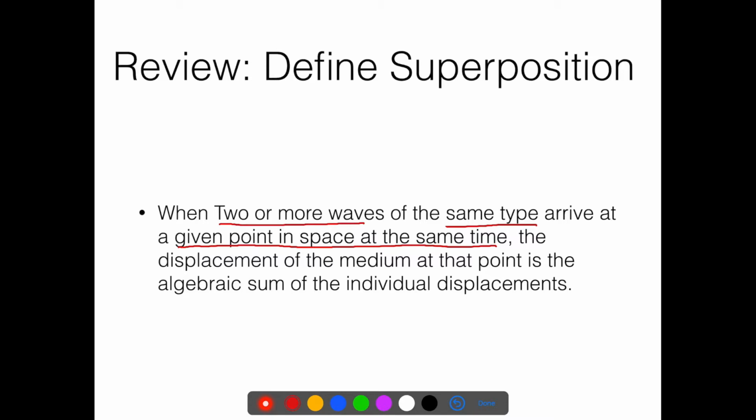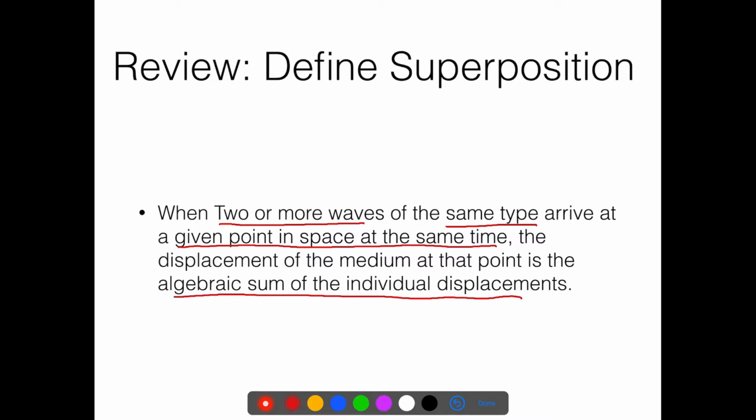And now what we're talking about, when these two waves arrive at the same time, the medium can't be doing two different things at once. And so what happens is that we get the algebraic sum of the individual displacements. That's what's going to happen to the medium, right? The particles in the medium itself, the air particles, the water particles, can only be doing one thing at a time. They can't split and be doing two different things.